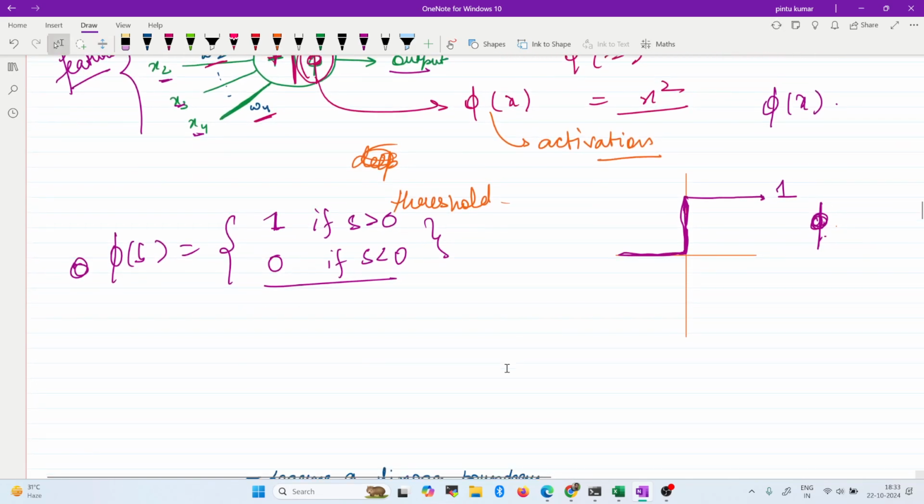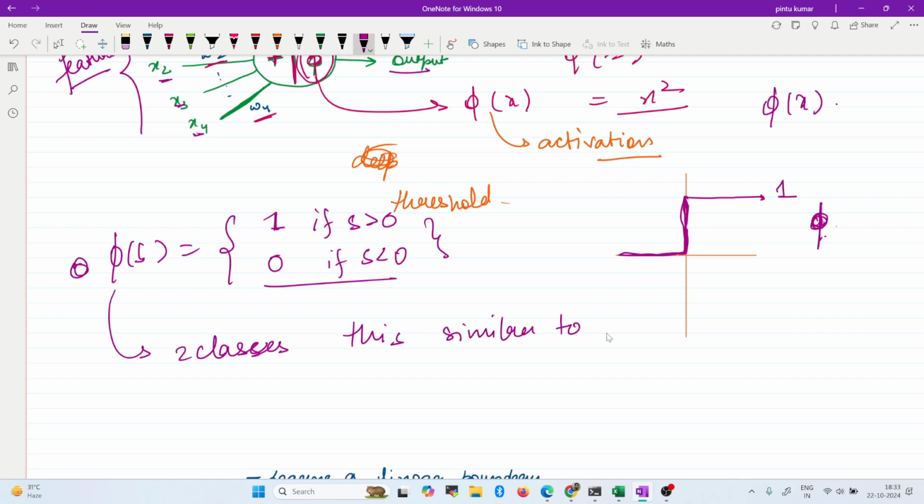If you have two classes, this is very similar to the logistic regression that we did, right? The curve that you had in logistic regression was slightly smoother than this.